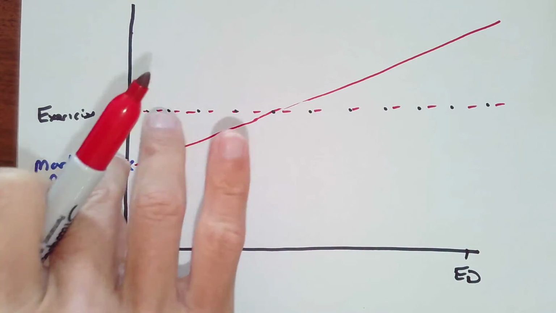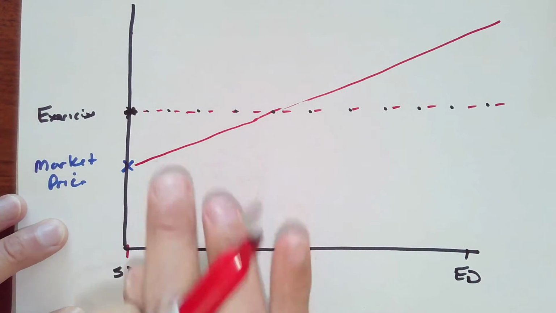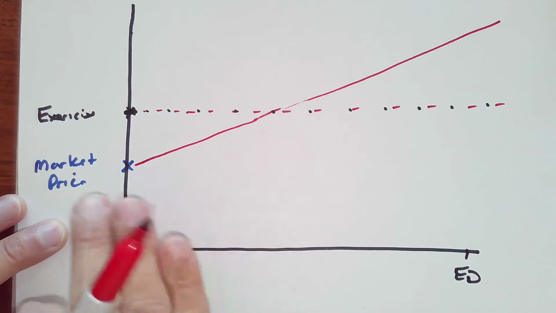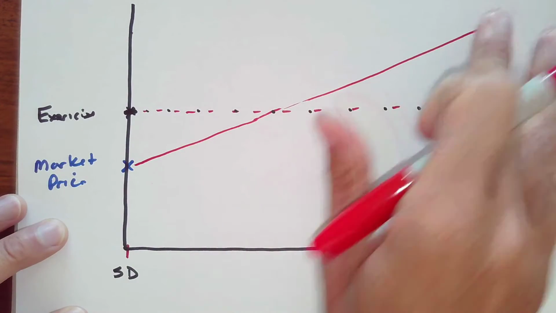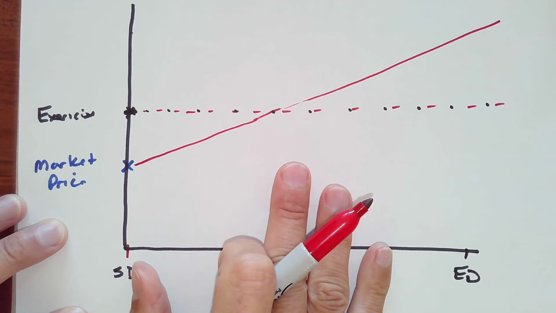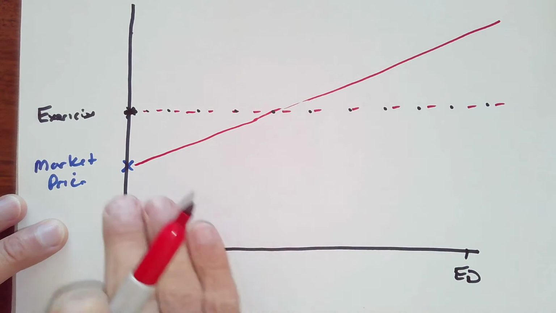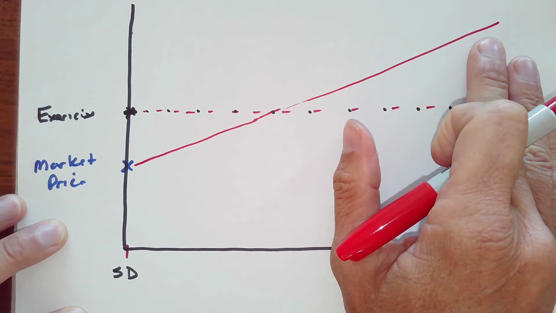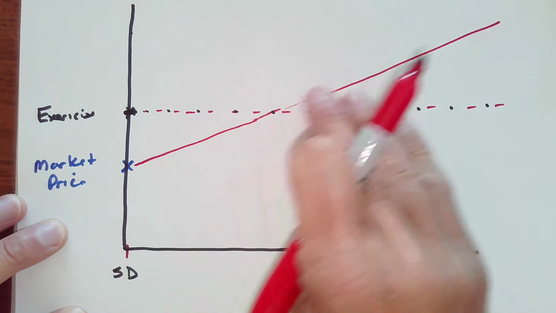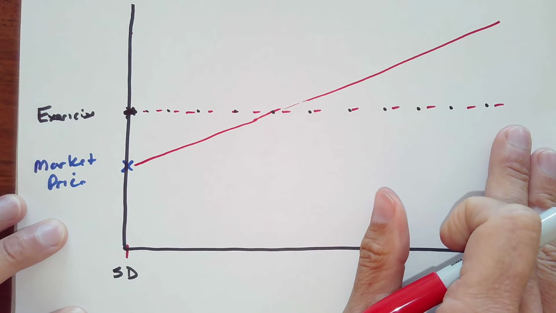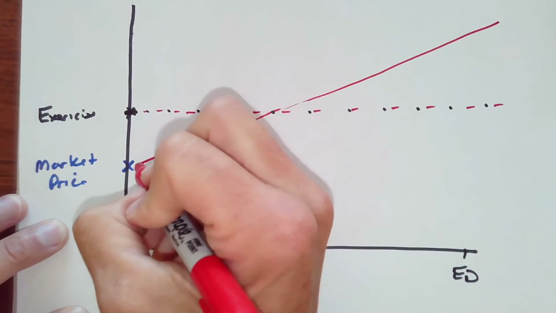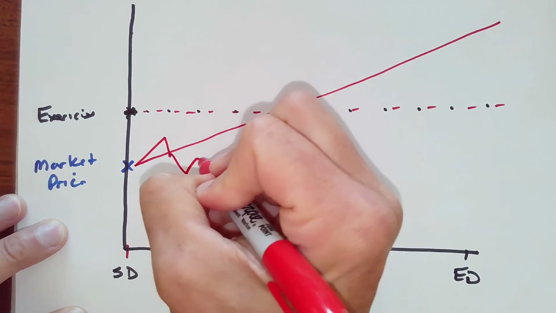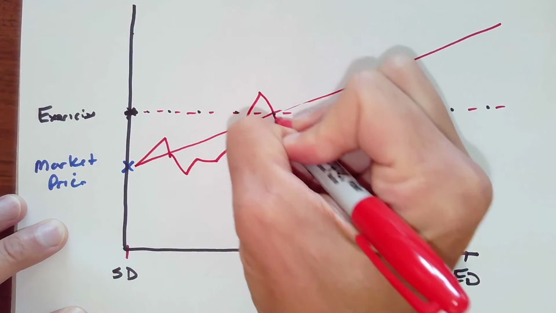I should be able to price it at that price, if we both believe that that's what's going to happen. Now, is this how market prices actually behave? Nice thin line? The answer is no. Market prices tend to do these kinds of things.